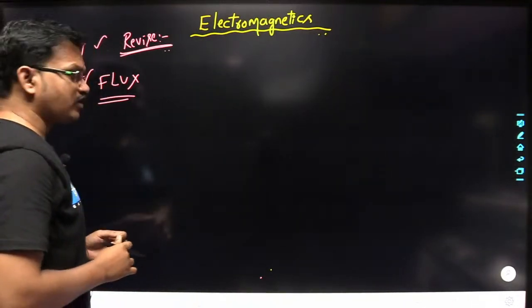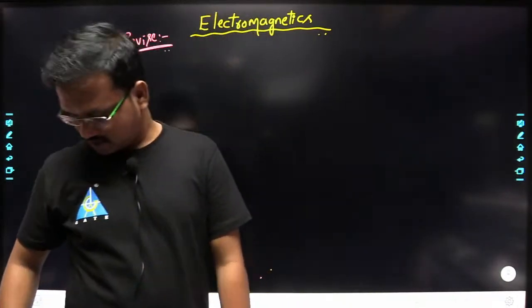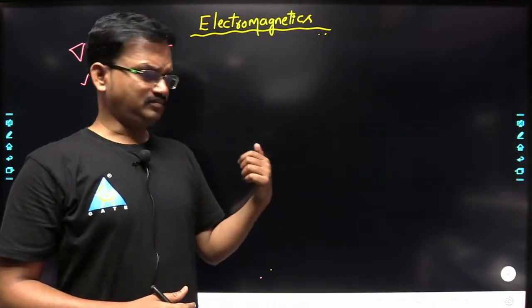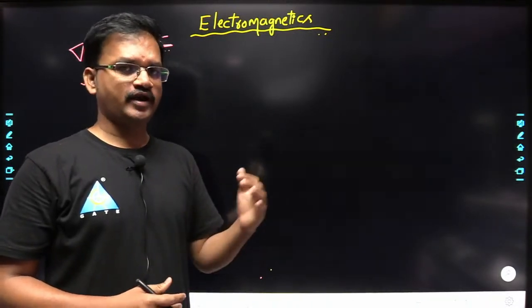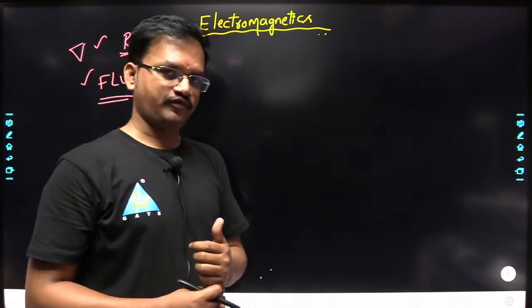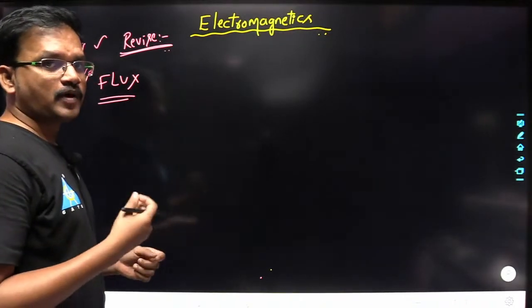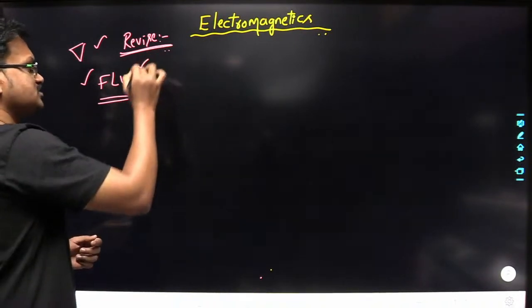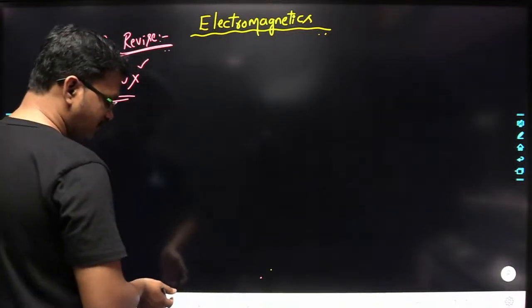The flux through any surface is a measure of how much of the given vector field is penetrating, flowing, or passing through a given surface. That is defined as flux.